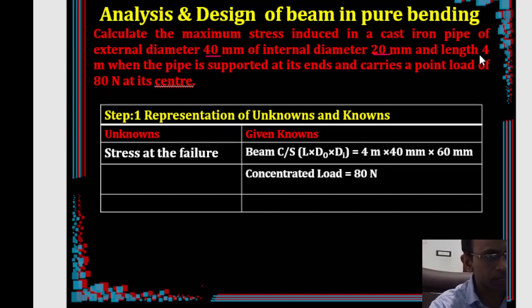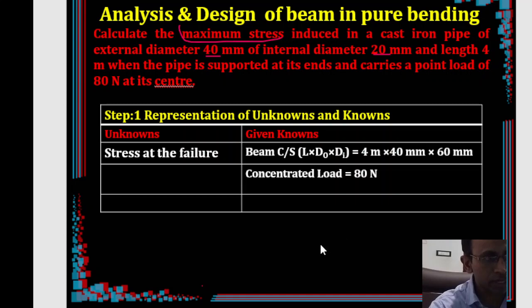The length of the pipe was also provided as 4 meters, and it is supported at the ends. That means it is a simply supported case and carries a point load of 80 newtons at its center. What you are expected to calculate is the maximum stress induced in the cast iron pipe.